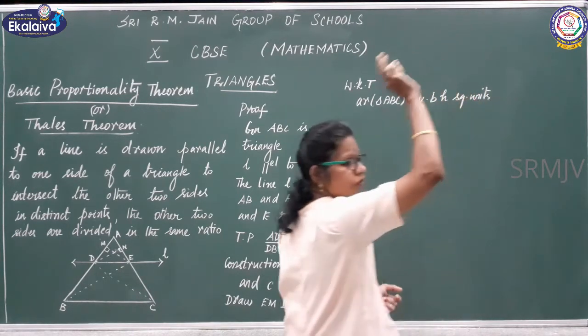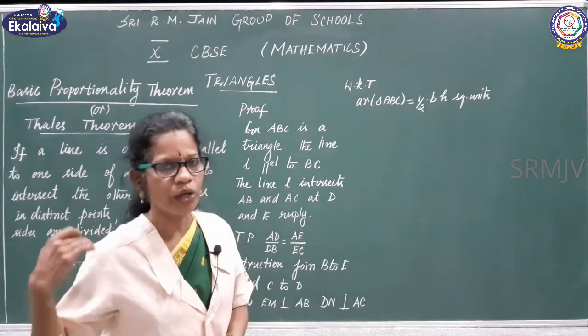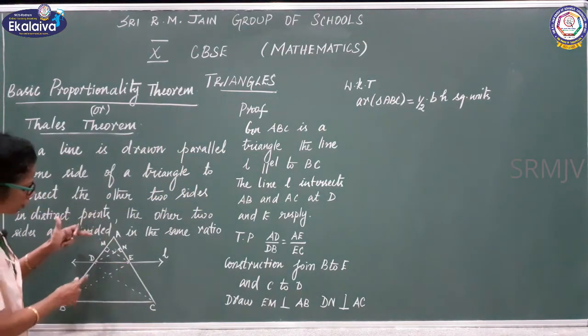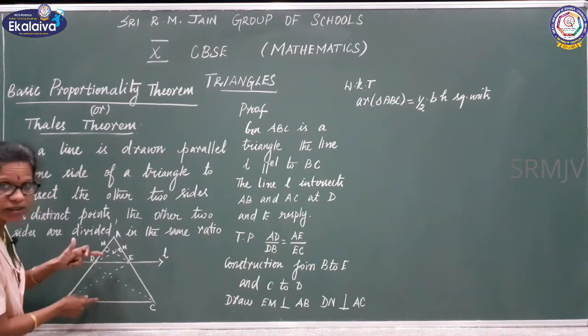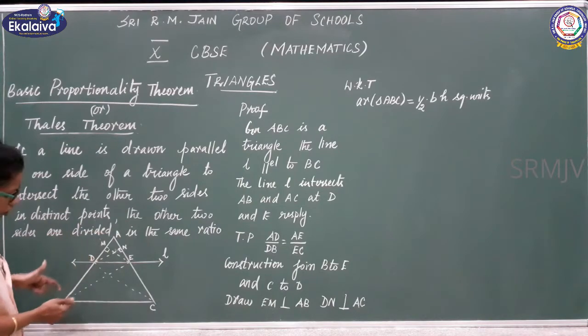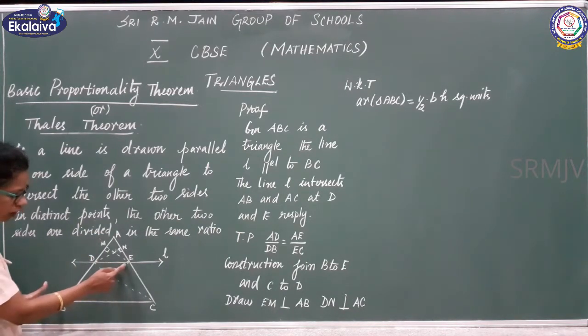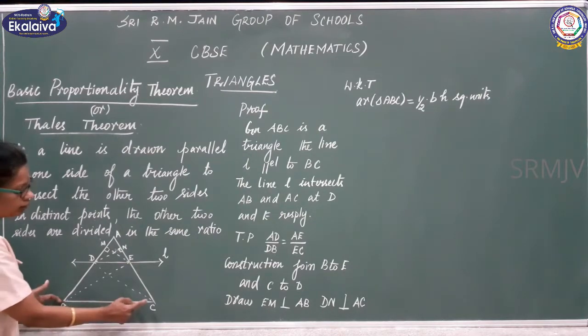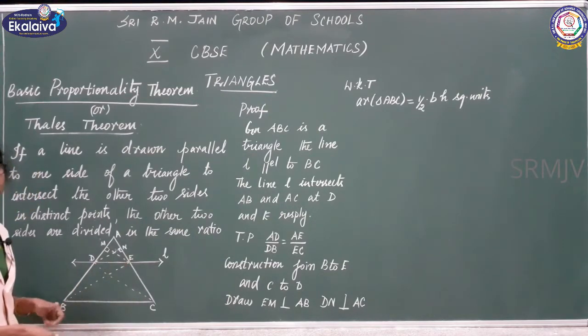This is the normal formula you people learned right from the lower level. Got it? Now, here you see first the line divides, right? Here I got one triangle, that is ADE. When I connect B to E, BDE is one triangle, CDE is another triangle.